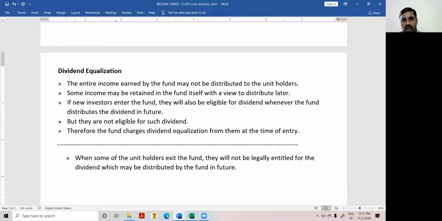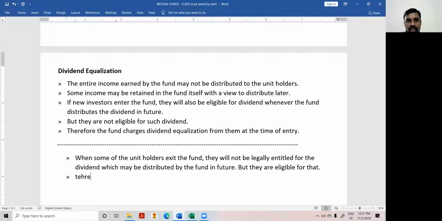This is the point. Today you are exiting from the fund. Tomorrow the fund distributes a dividend for which you are not eligible, because legally you are not there on the record date. So they will not be legally entitled for the dividend which may be distributed by the fund itself. But they are eligible for that.